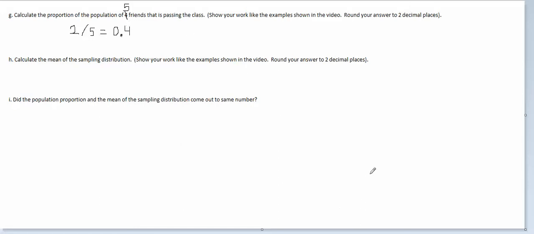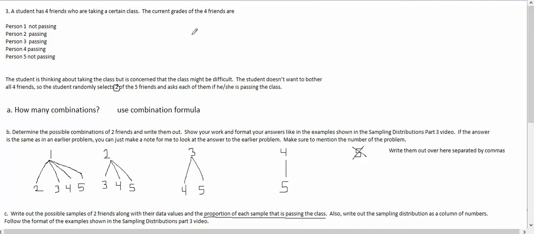So let's actually look back to the beginning of the problem. Back here at the beginning, we see that there's a population of 5 people. And if we want the proportion that's passing of the population, we just count the number that are passing and divide that by the total number of people. So let's see, there are 3 passing.